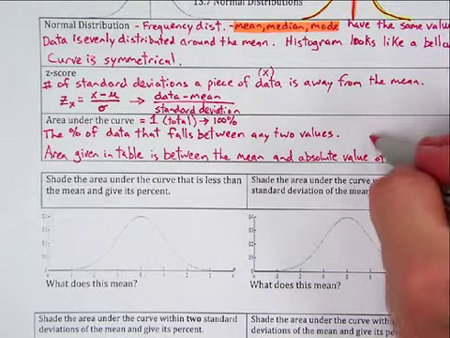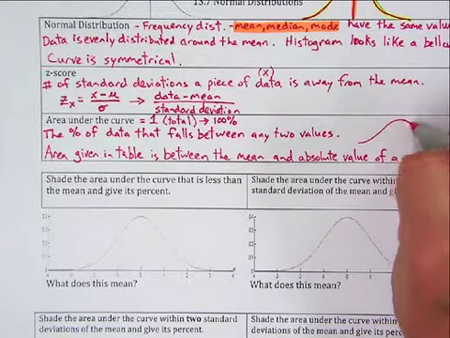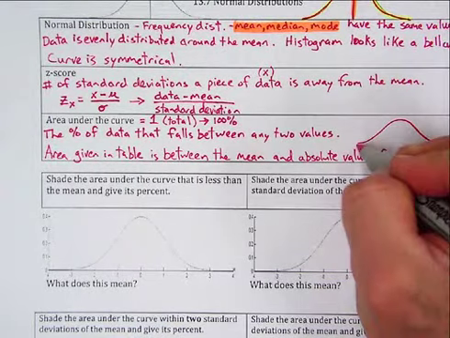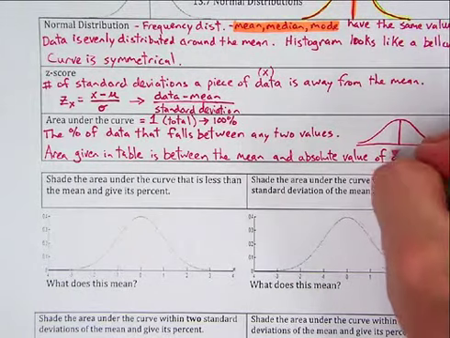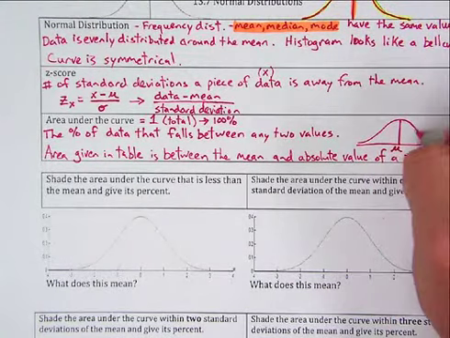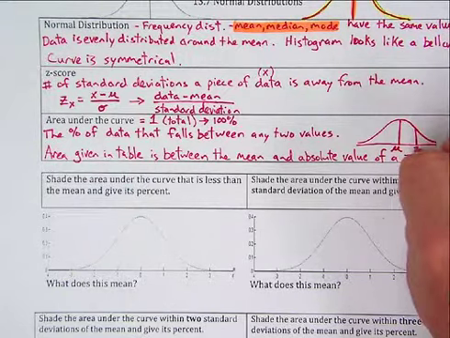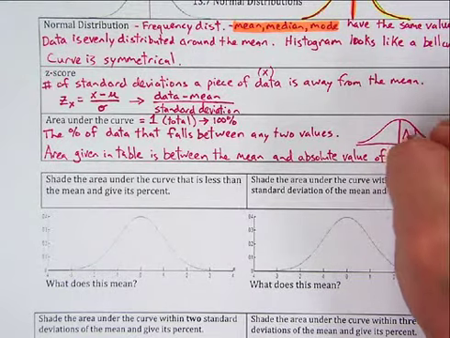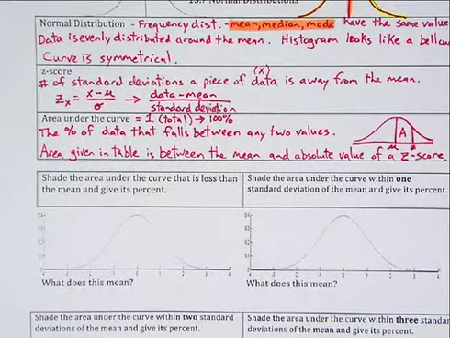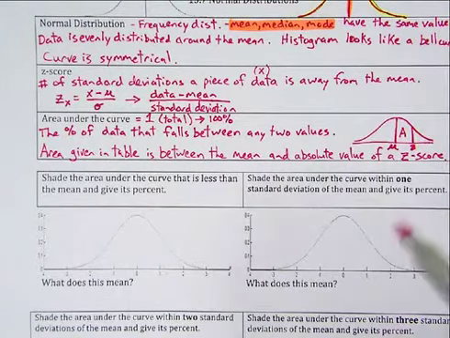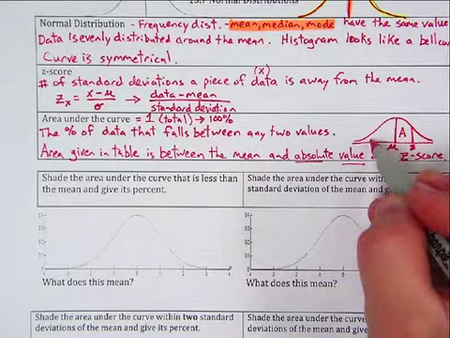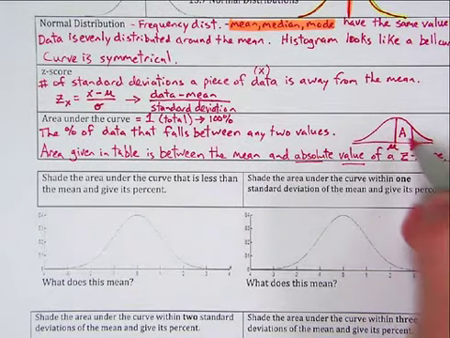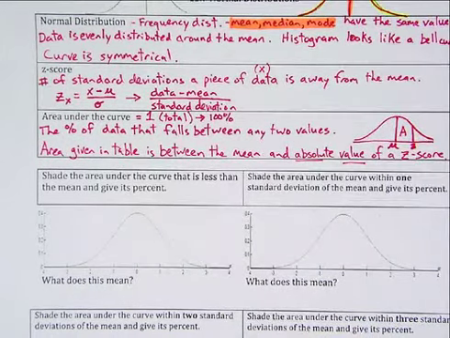Okay, so again, this is what it looks like. We have our normal distribution. We have our mean. And we have a z-score. And that's the area given in the table. Now notice it says absolute value because if we have a negative z-score, it'll just be on the other side, and it's the same as the area for a positive z-score.